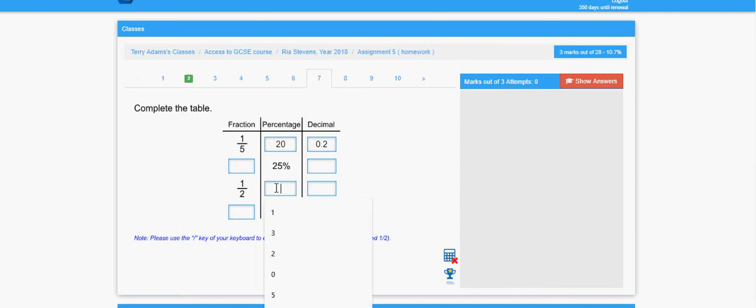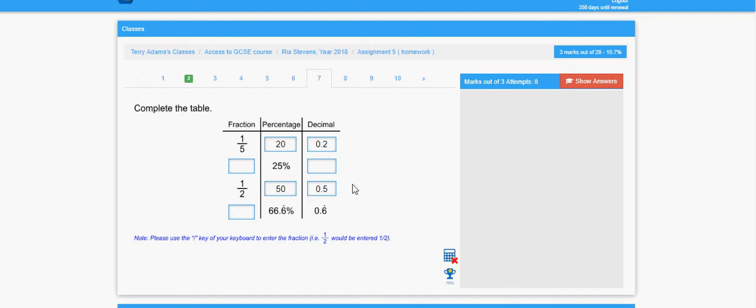Now the half, coming back to what I was saying earlier, as a percentage we know is 50%, and as a decimal 0.5. That's always worth remembering.